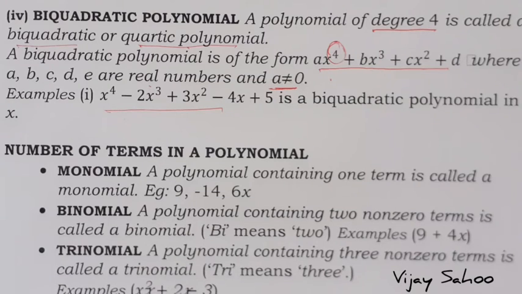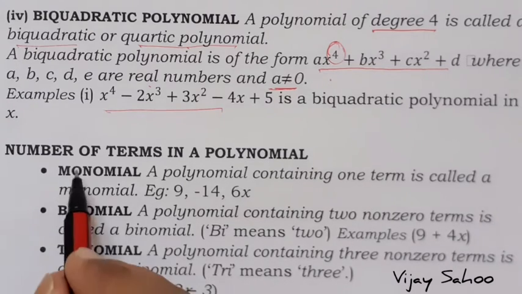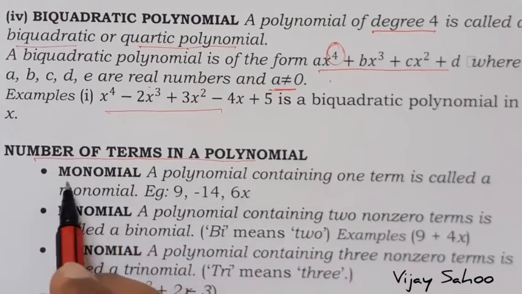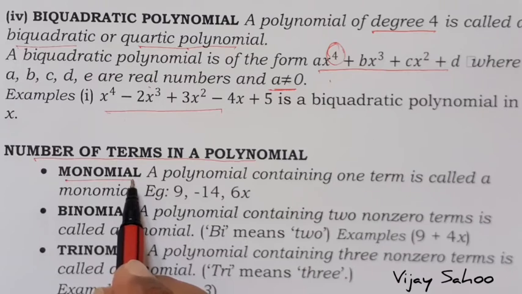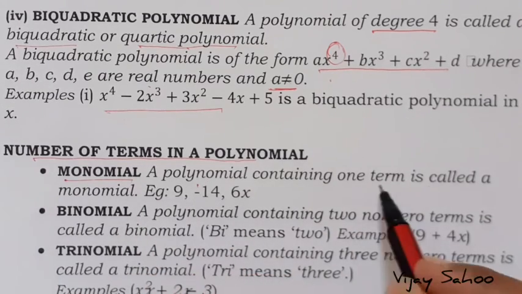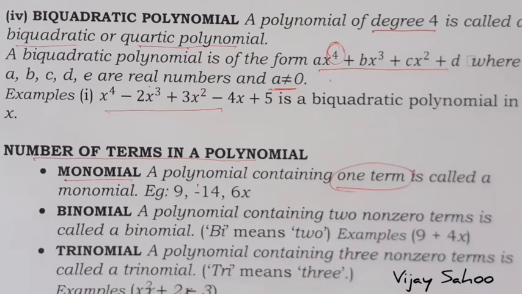Now the next is how to identify which type of polynomial it is, by the number of terms in a polynomial. How will we identify? Monomial. Monomial means what? Mono means 1. So in a polynomial, if it is having only one term, I have already explained to you what a term is.